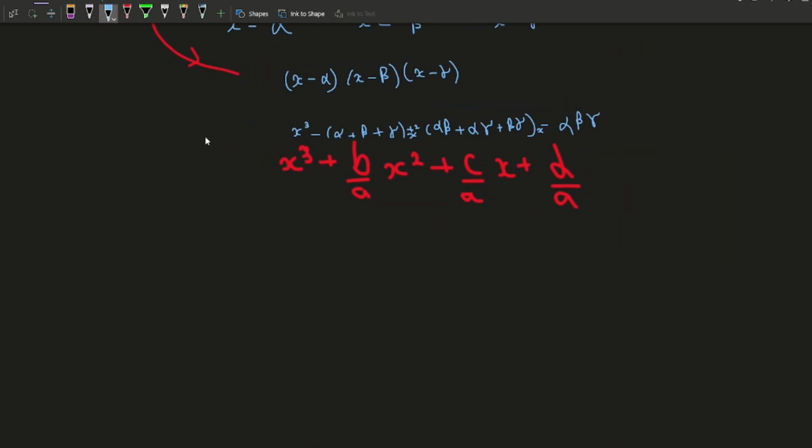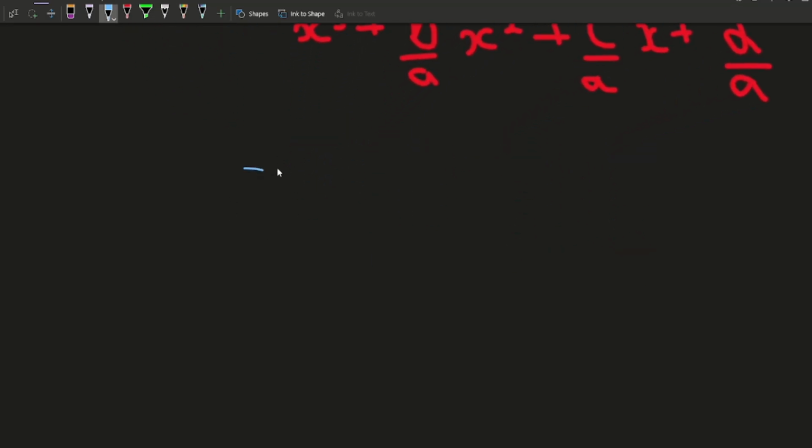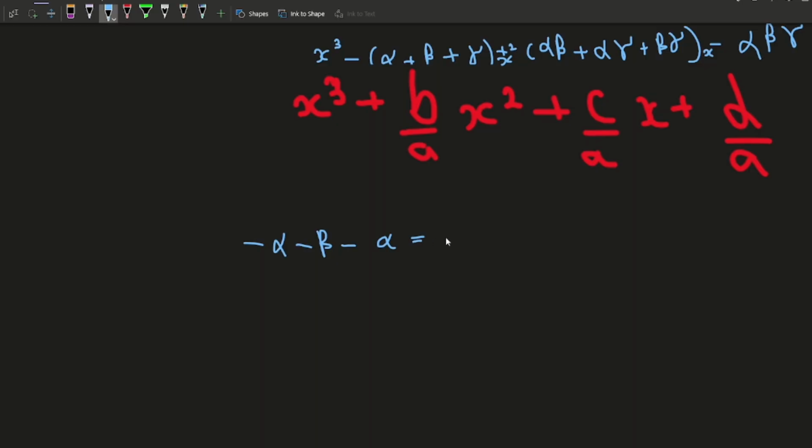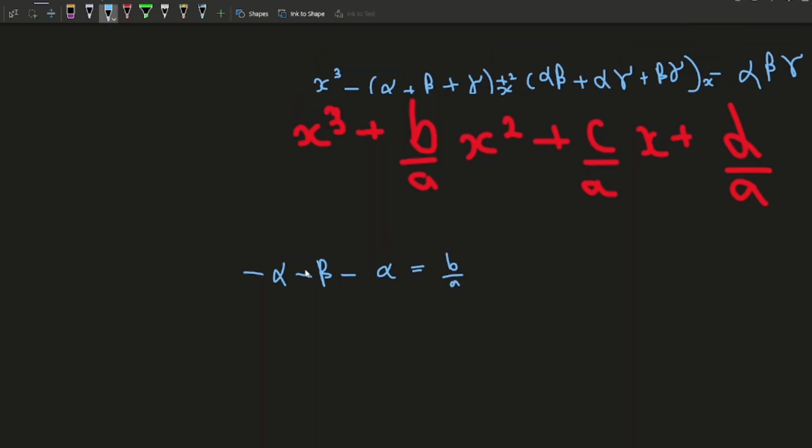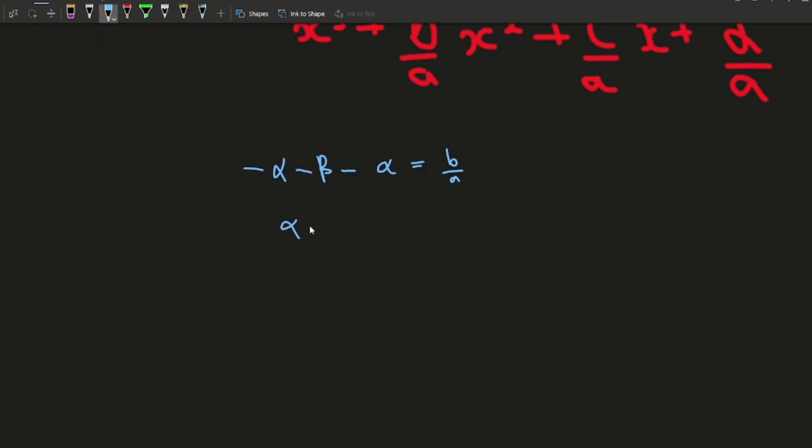So let's now write each of them separately. Minus alpha minus beta minus gamma equals b over a. Now let's make the sum positive: alpha plus beta plus gamma is equal to minus b over a.